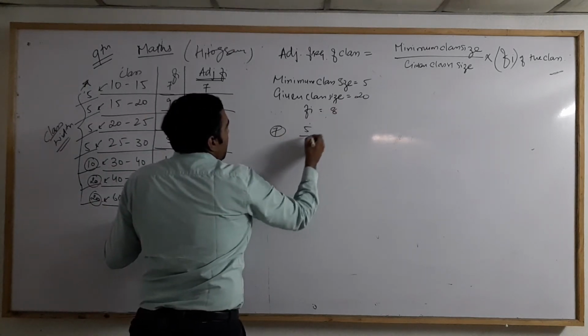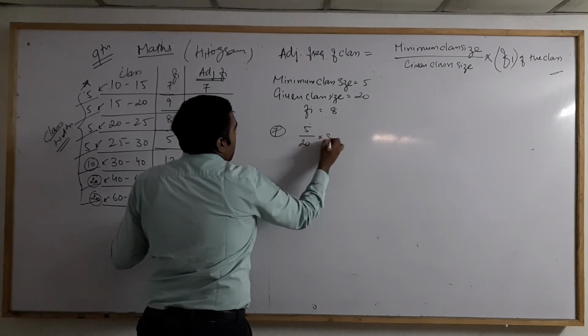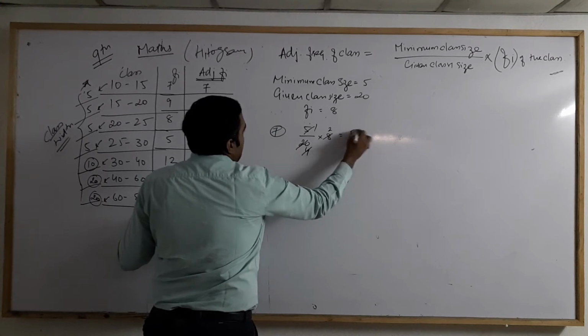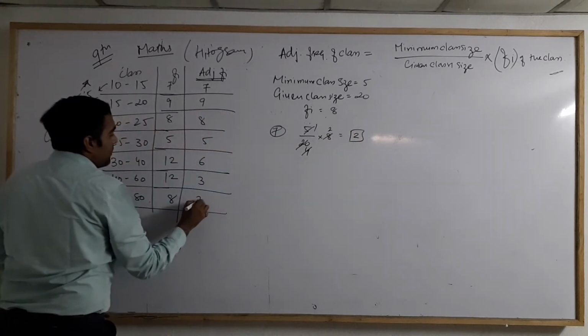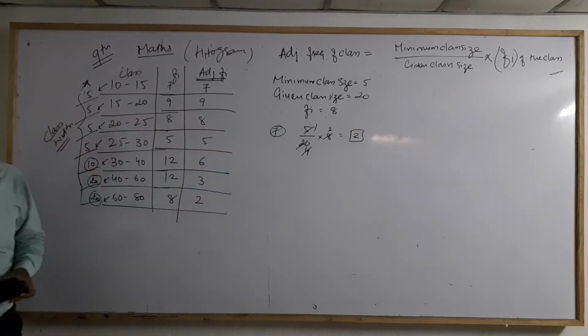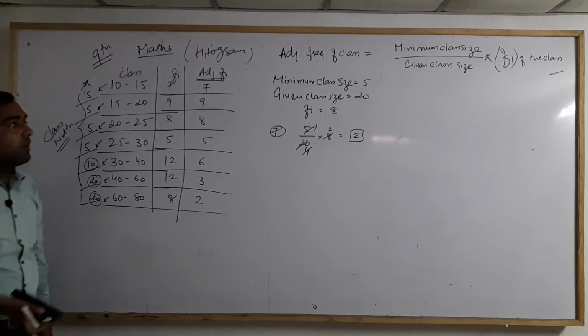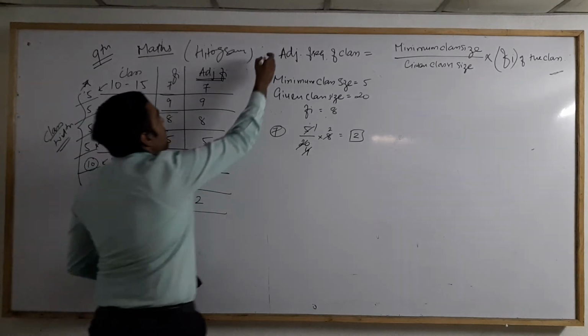So 5 upon 20 into 8, therefore 5 ones are 5, fours are 4, twos are 8, therefore my adjustable frequency is 2. Okay, clear students? Please note down this formula.